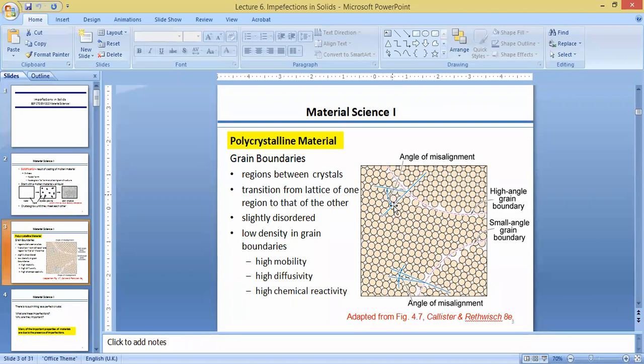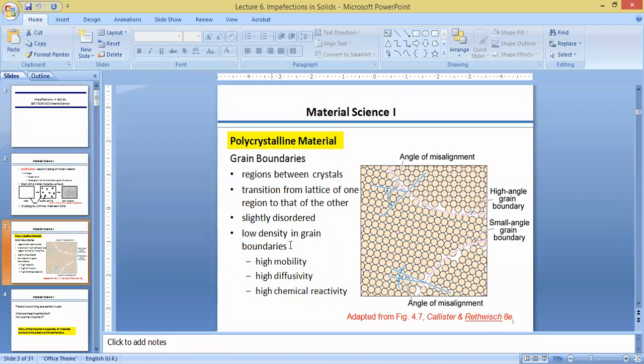So there's an angle there, what we call the angle of misalignment. That is the angle at which this grain is joined to the other grain. This is the high angle grain boundary, and this is the small angle grain boundary. As you can see here, the angle is small, so the misalignment is not so much compared to this one.